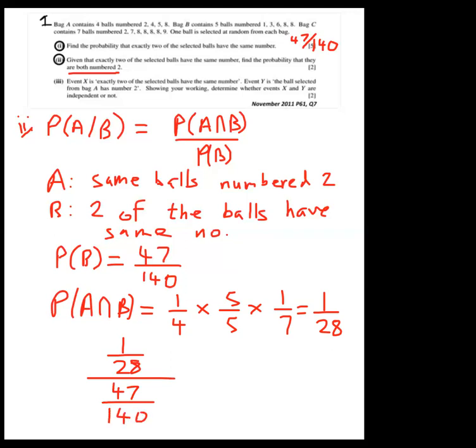This is equal to 5 over 47. So second part is 5 over 47.